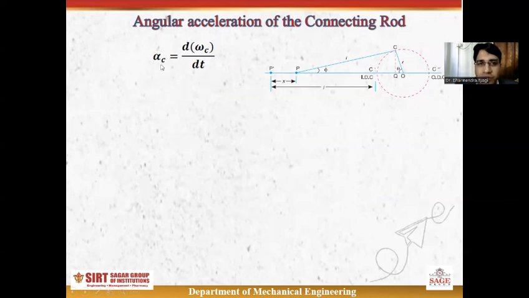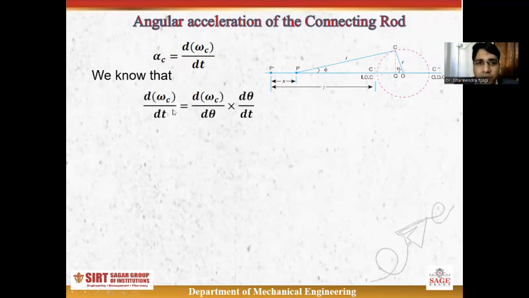Here the angular acceleration is represented by αC, that is αC equals d/dt of ωC. Substitute the value of ωC, the angular velocity of the connecting rod, in this equation.